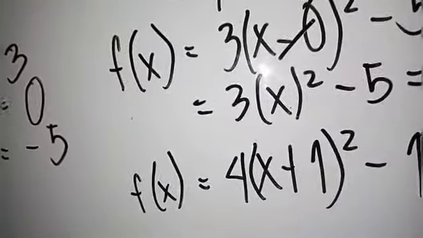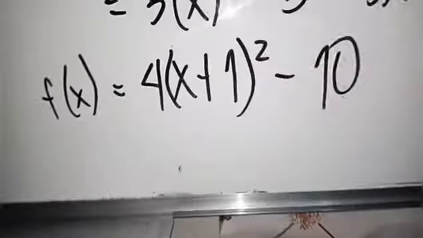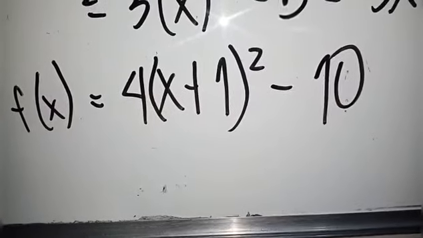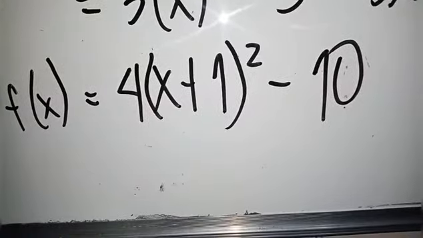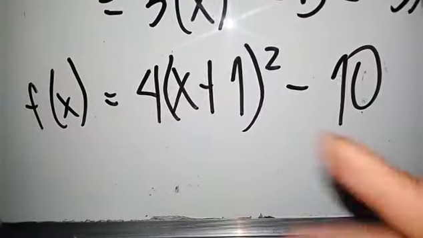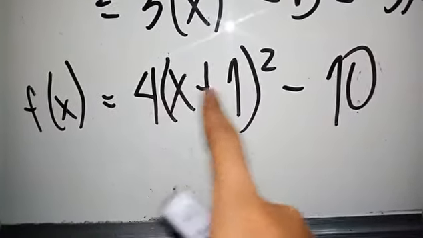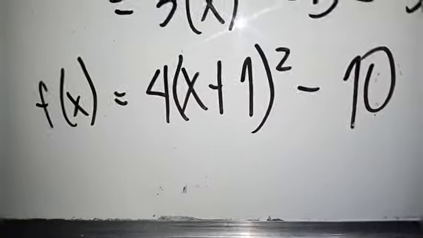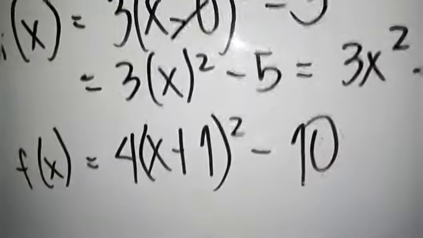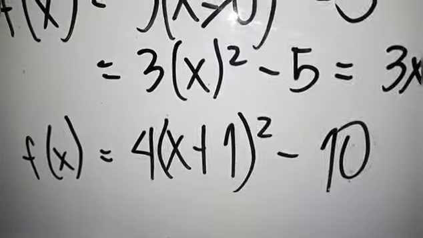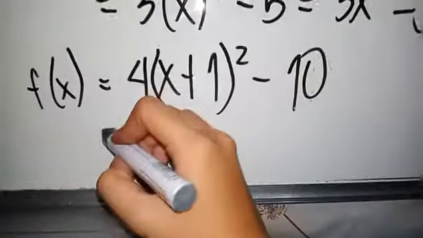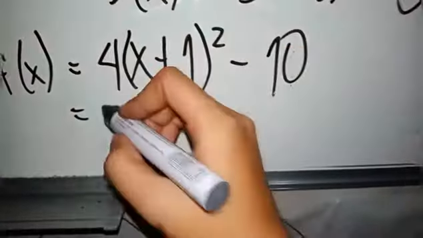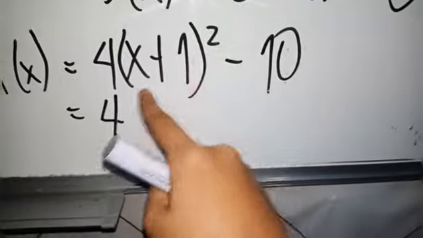Okay. Next, let's have the last example, which is f of x is equal to 4 times the quantity x plus 1 quantity square minus 10. So, yung ating a dito ay 4, yung ating h ay positive 1, then yung ating k ay negative 10. So, ngayon, isi-simplify lang natin siya. Okay. So, copy muna natin yung ating 4. Then, isosolve natin siya.